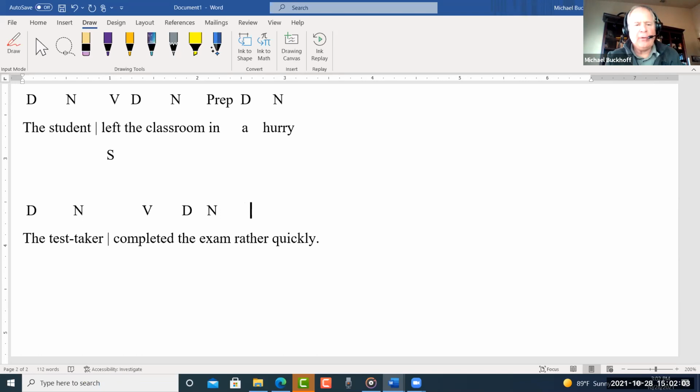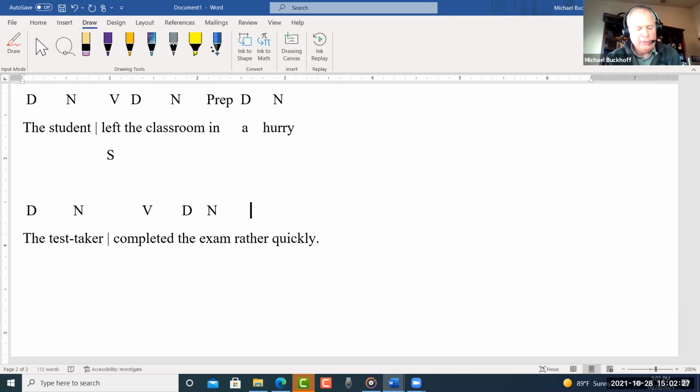Now here's a tricky one. Rather quickly. What are these two words? Is it an adverb? It is. Actually, it really is.